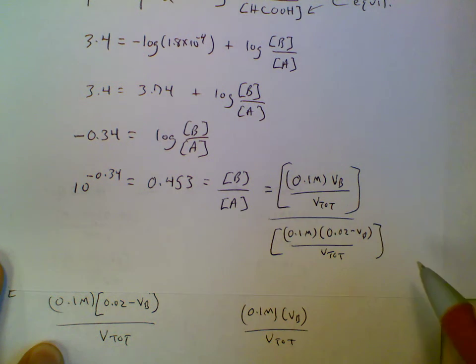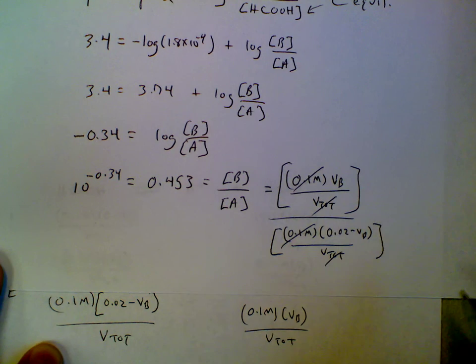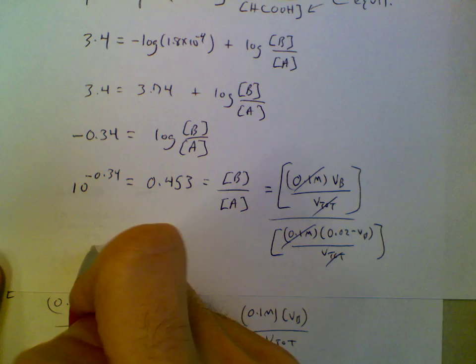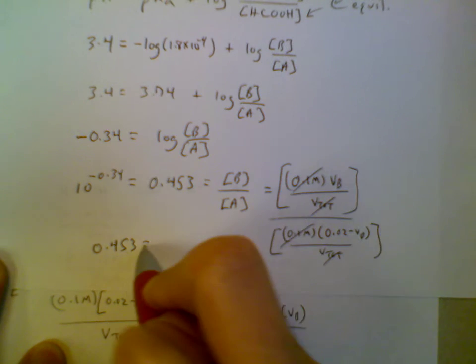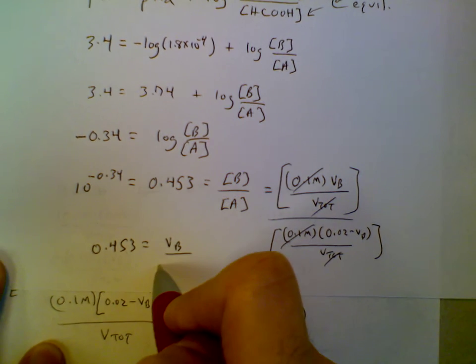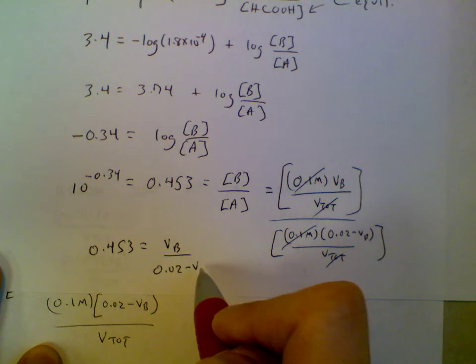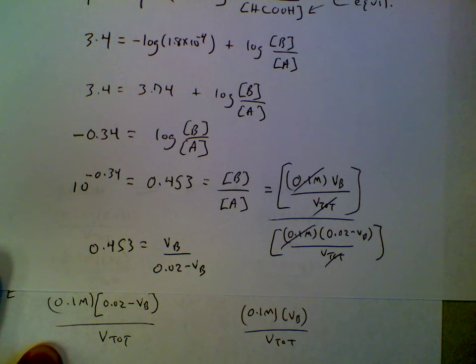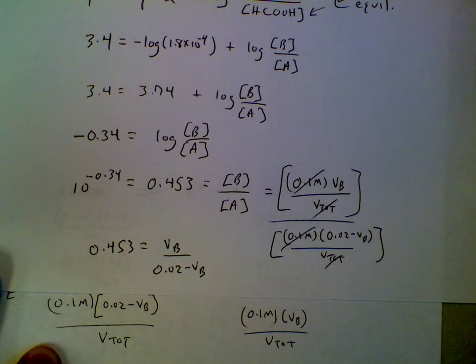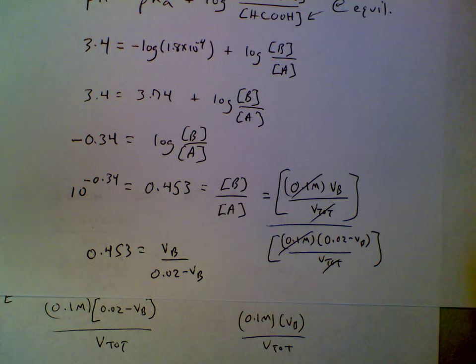Notice that the V totals are going to be the same. Those are going to cancel. The 0.1s are going to be the same. And so you're left with 0.453 will equal the ratio of the volume of the base over 0.02, 20 milliliters, minus the volume of the base.